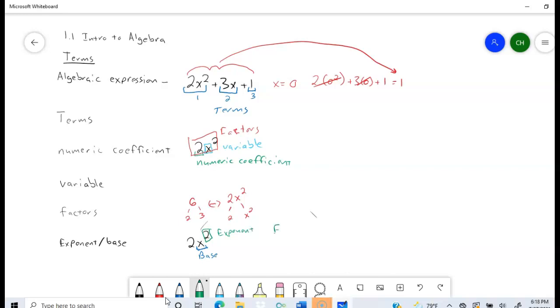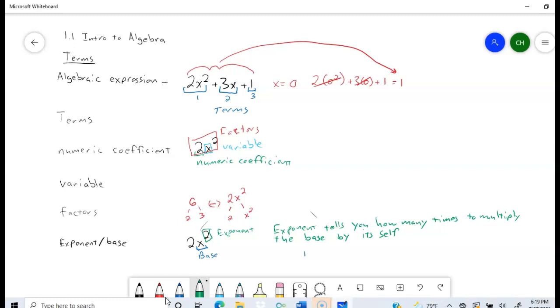The exponent tells you how many times to multiply the base by itself.